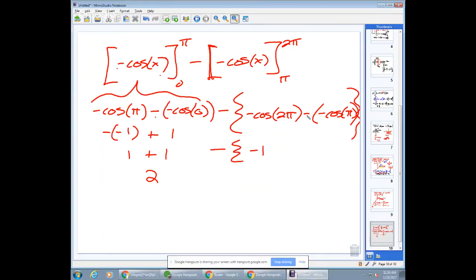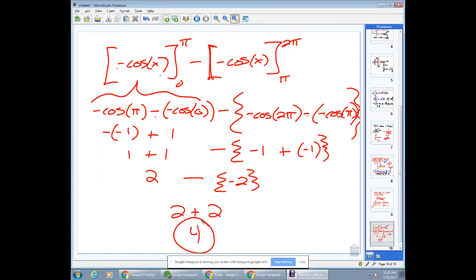Here I have minus, minus, so those give me a plus, and then the cosine of pi is -1. So I am subtracting a -2, which is the same thing as adding a 2. So we got a total area of 2 for this hump.